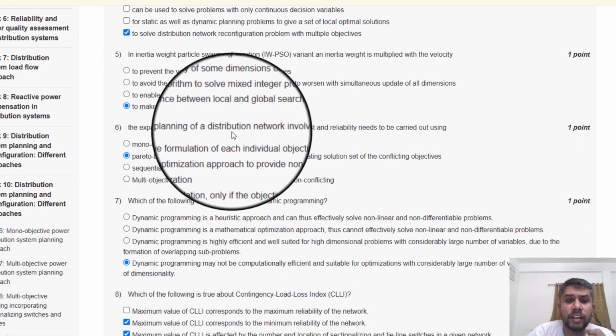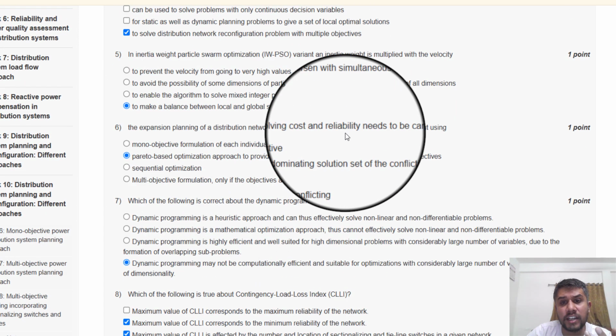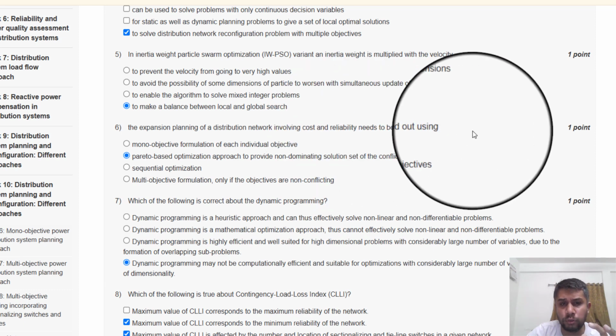The expansion planning of a distribution network involving cost and reliability needs to be carried out using a Pareto based optimization approach to provide a non-dominated solution set of conflicting objectives, like the x square and x minus 2 whole square example that we went through when the course coordinator taught us.